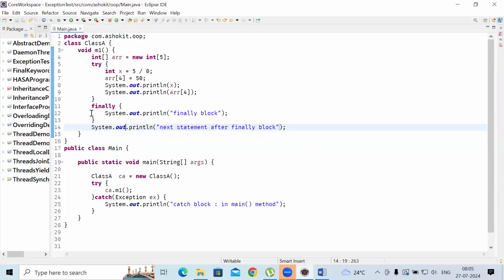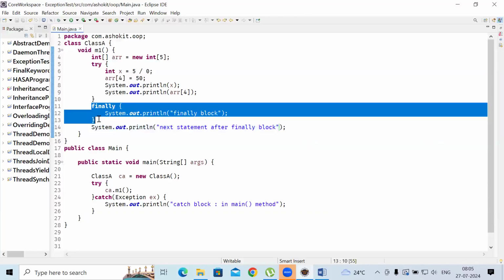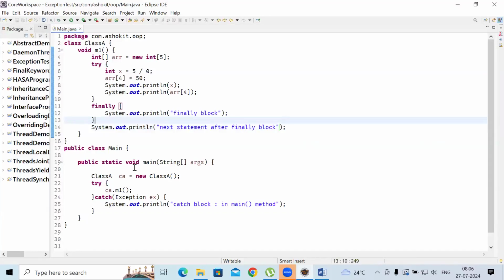Next statement, because the finally block is closed at line number 13, but now we are at line number 14. It is the next statement after the finally block.